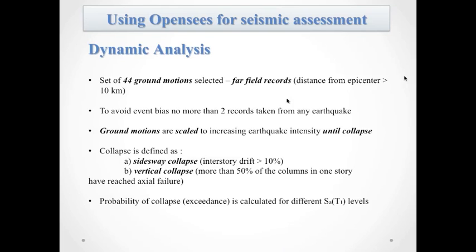And one issue is how collapse should be defined. We practically consider 2 modes of collapse. One is the sidesway collapse. This was defined by a high value of interstory drift. If the interstory drift was higher than 10%, we defined this as collapse. Some of you might think that 10% is a very, very high number.